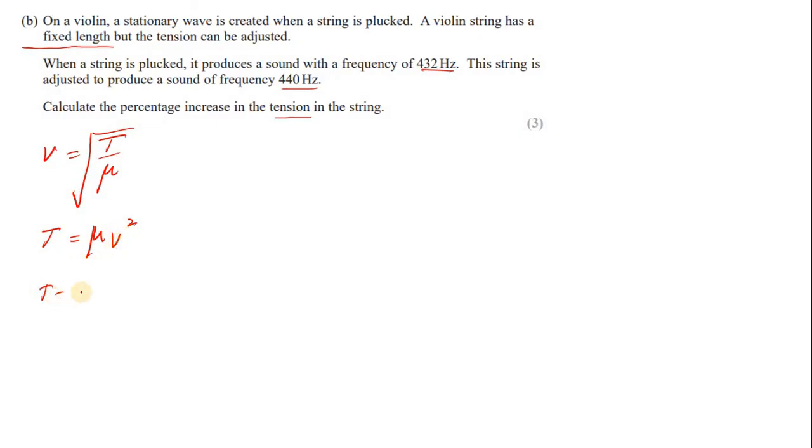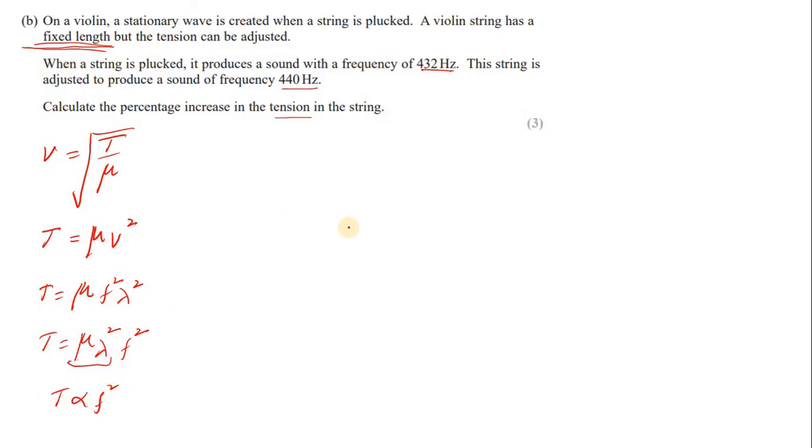So T is equal to mu, and speed of the wave is V equal to F lambda. You can rearrange: T is equal to mu lambda square F square, and mu and lambda both are constant. They are not changing. Mu is mass per unit length for a given string, and lambda is the wavelength, and length is fixed. So length cannot be changed, so wavelength cannot be changed. So that means T is proportional to F square.